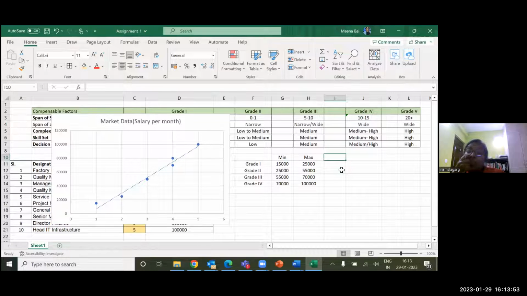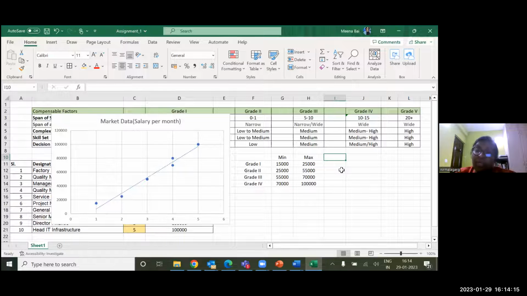Now, why is it important to fix the salary band of min and max? If you have to recruit a person in a particular grade, then what is the salary you're going to fix? So it's very important to fix the min and max salaries. Second, what is the benefit of having grades?